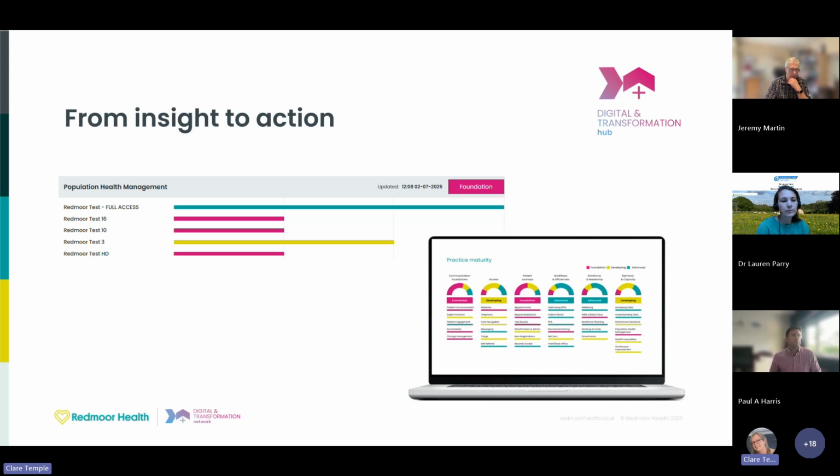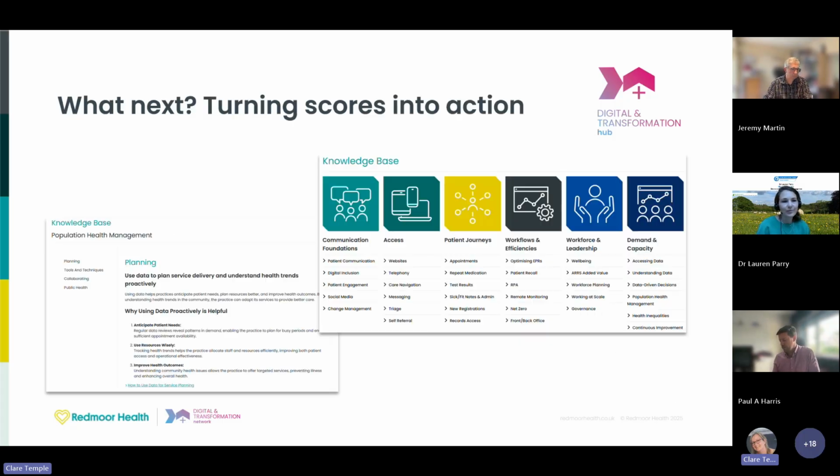It gives clear visibility of variation and what gaps you have across your practices and your network. This example shown here is from Redmore PCN. It illustrates just how you can see the different maturity levels of individual practices, and you can compare them in your PCN, helping you to pinpoint where you might need to focus your efforts first. And alongside the dashboard data from providers such as Primary Care Analytics and those that Jeremy has mentioned, you can identify trends, gaps in care and variation in outcomes.